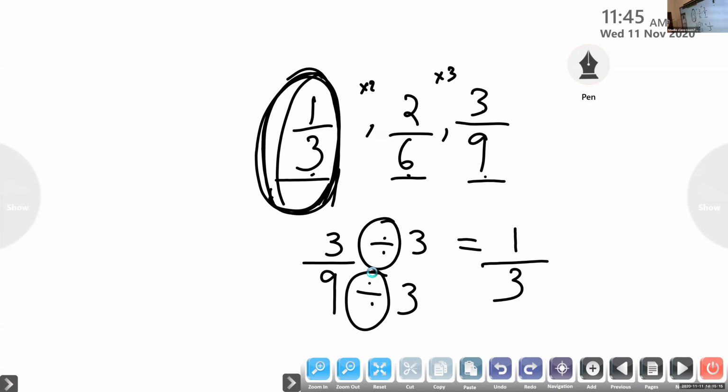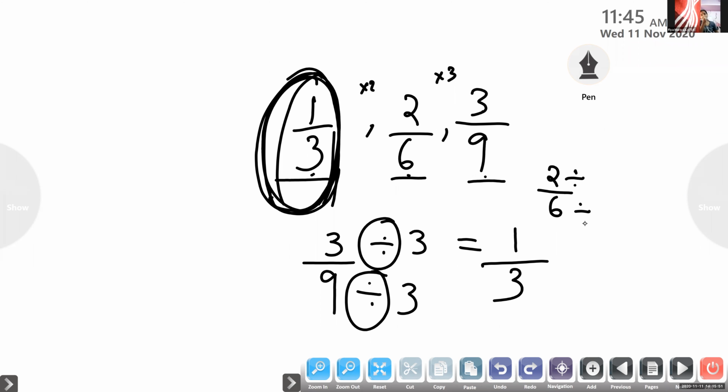Now, 2 by 6. Gautam gave this 2 by 6, and I know that it is not in the lowest form. The lowest form is 1 by 3. Yes, Sophia, how can I make 2 by 6 into its lowest term? We can divide. Very good. With which number? 2.